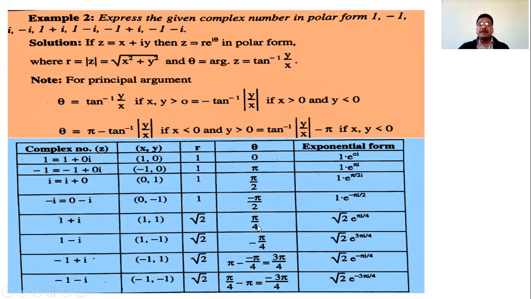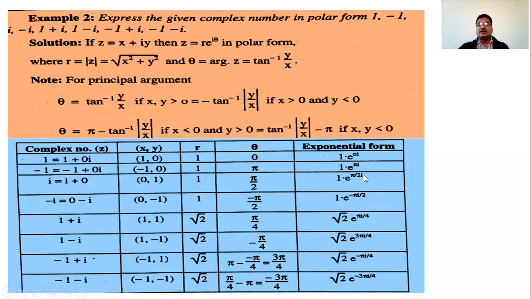And what is the principal argument of 1 plus i? Use the first definition, because both x and y are greater than 0. So theta is tan inverse of 1 by 1, that is tan inverse 1, and tan inverse 1 is pi by 4. So the principal argument is pi by 4.